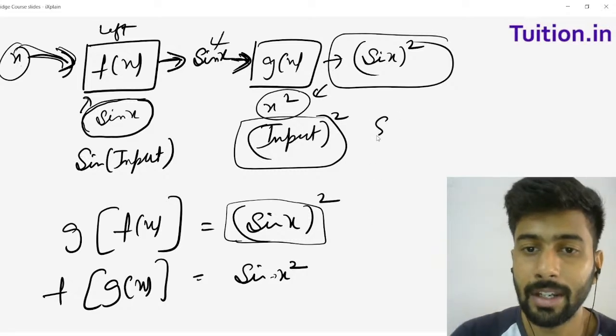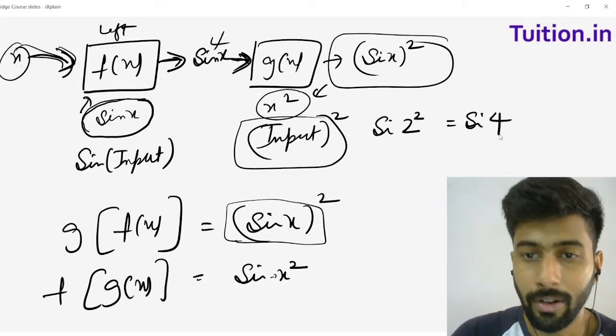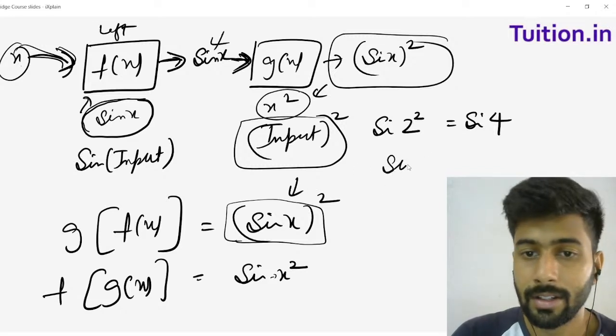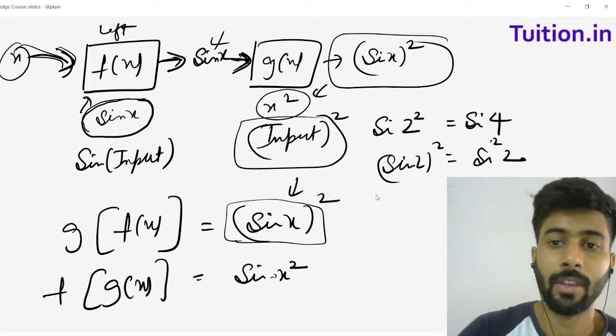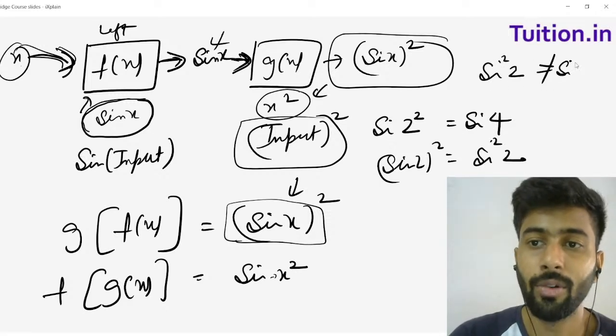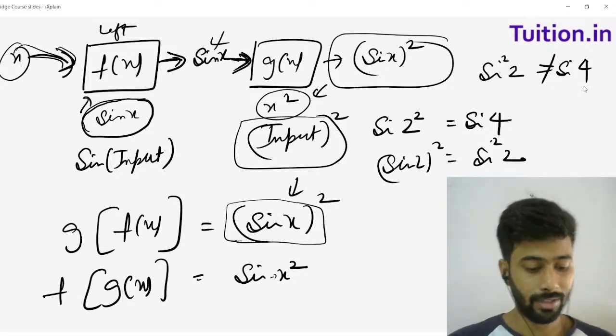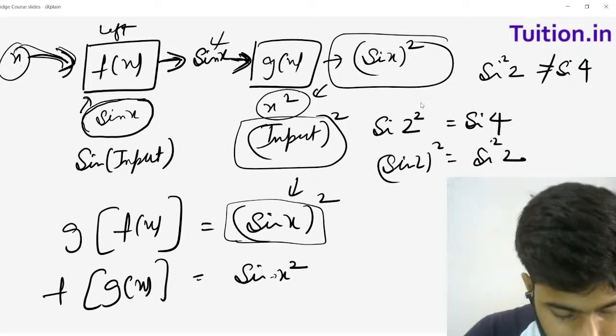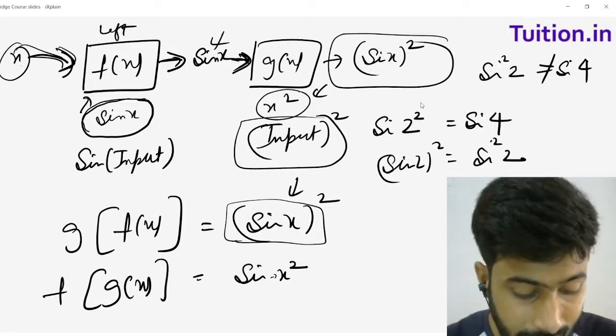So it's something like, there is sine 2 square, which is sine 4, and the other one is sine 2 whole square, which is sine square 2. And people, sine square 2 is not equal to sine 4, because sine 4 is sine of 2 square, not sine square 2. Okay, so guys, this can get tricky.